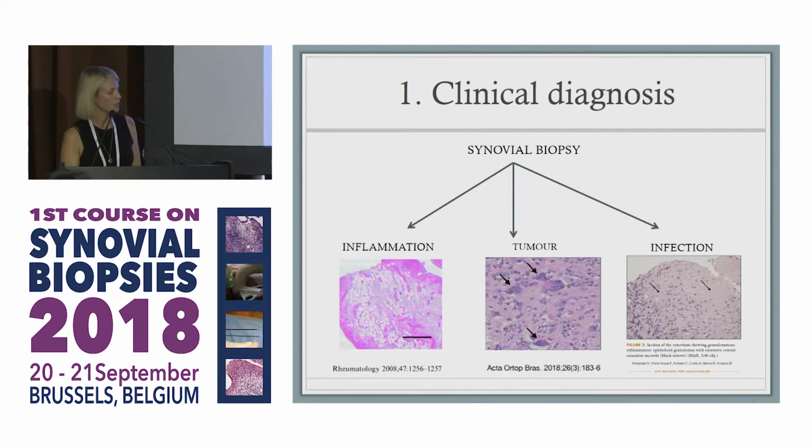Second, differentiating tumours such as PVNS, which is shown centrally here. But one of the things that we have not moved towards is the routine application of synovial tissue analysis to differentiate between different inflammatory arthritides. I'm not going to talk any more about clinical diagnosis because I know Antonio Manzo is talking about that tomorrow.